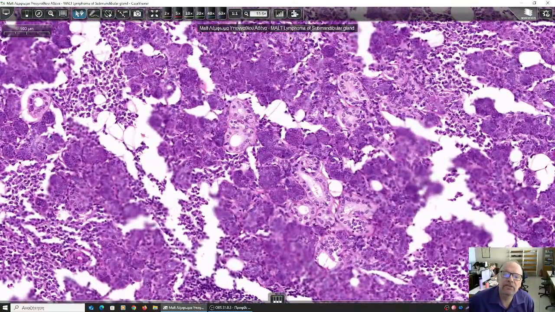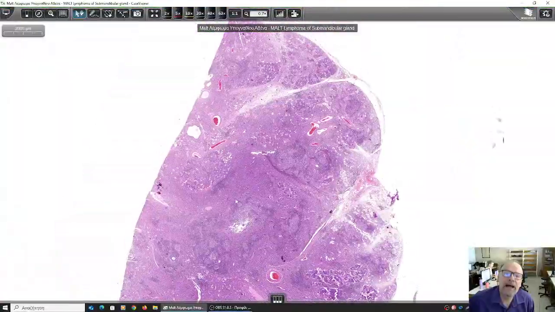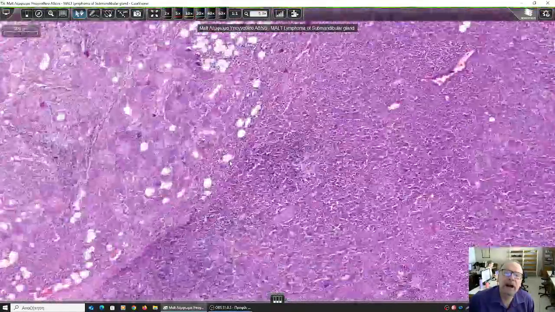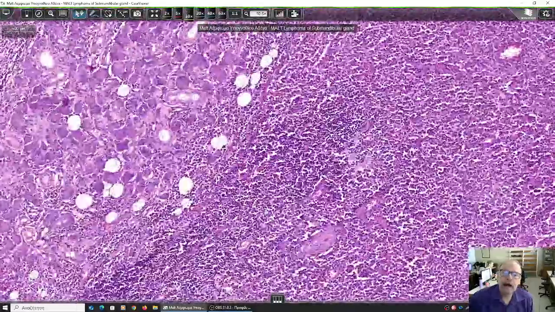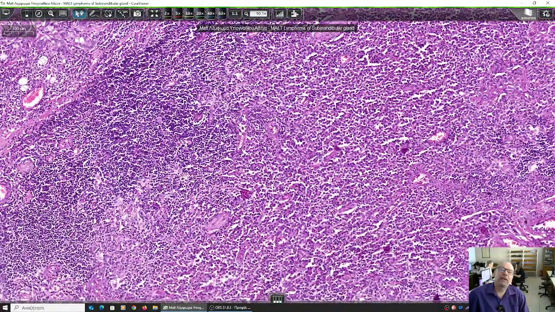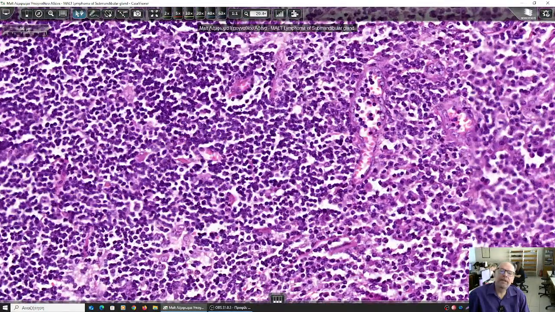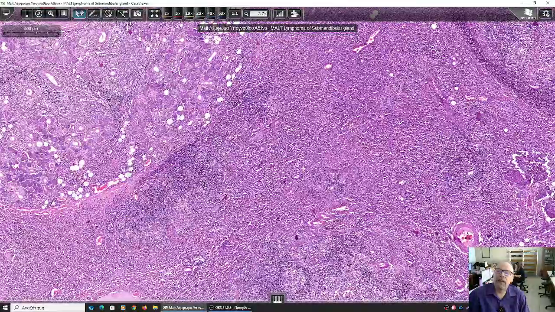Here are the ducts, the epithelial structures of salivary gland parenchyma. And what's the problem here? Large parts of the salivary gland parenchyma have been replaced by this small lymphocytic but quite dense and monotonous in appearance lymphocytic population.